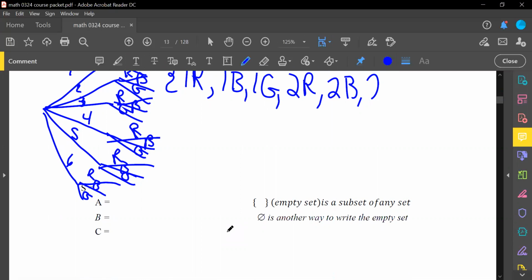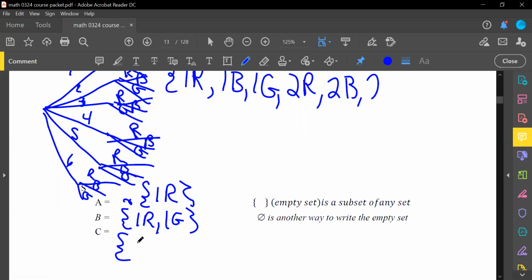All right, so it doesn't really matter, it could be one red, one green. You get the idea, right? The subsets, any combination of these. 2 red, 2 blue. Okay. All right, so there's many subsets.